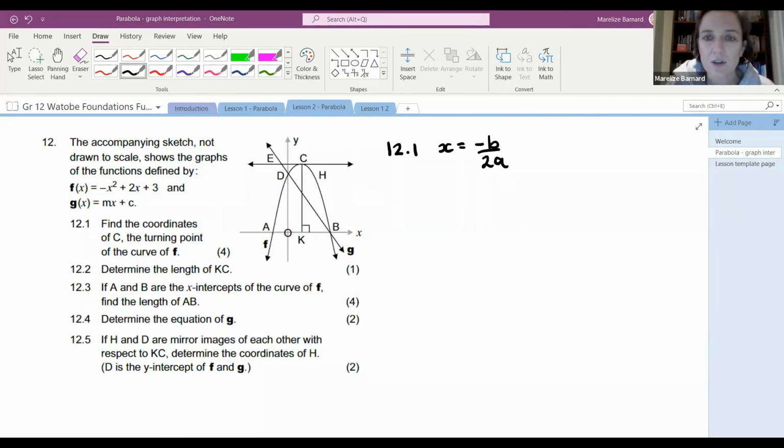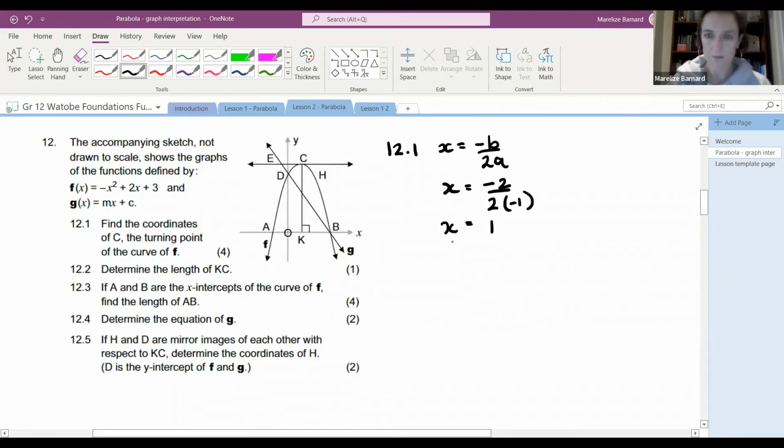Okay, so the minus b comes from our equation, so that's minus 2 over 2 times a, which is minus 1, and that gives me 1. And we sub that back in, so we're going to figure out what y is.